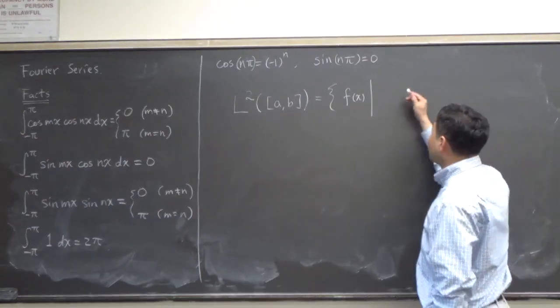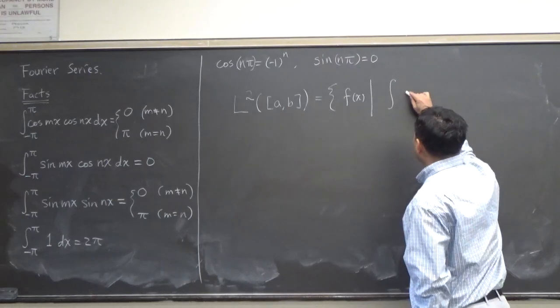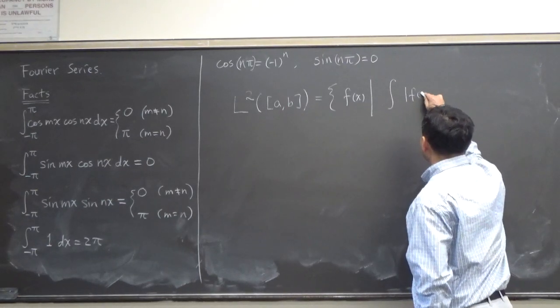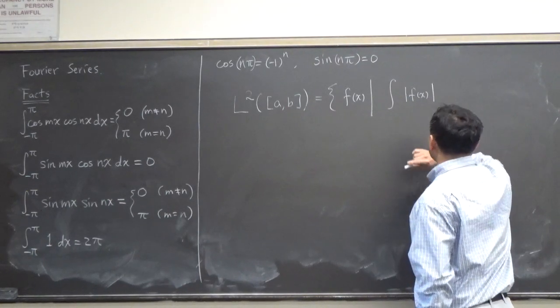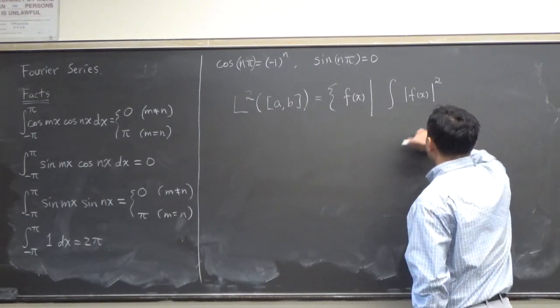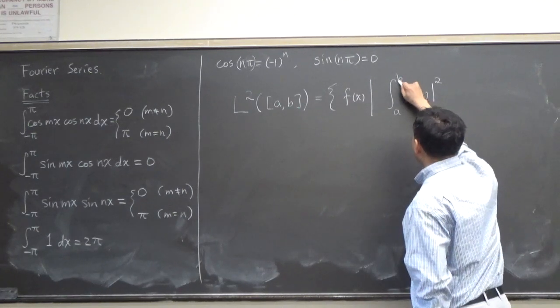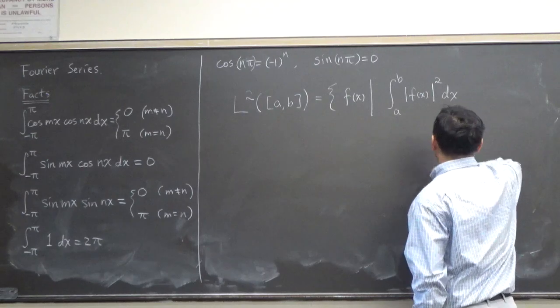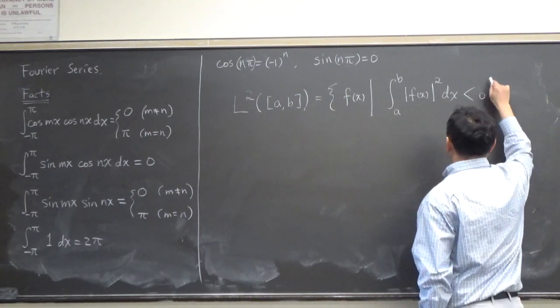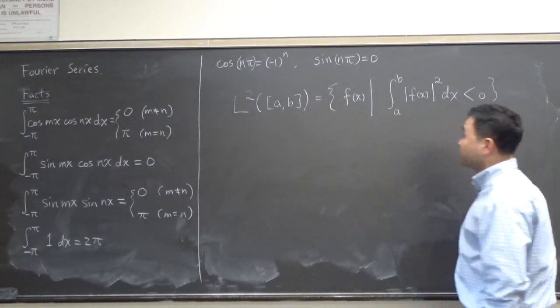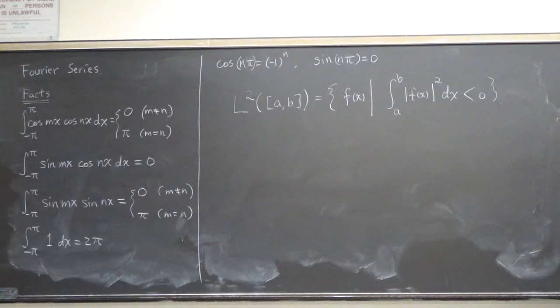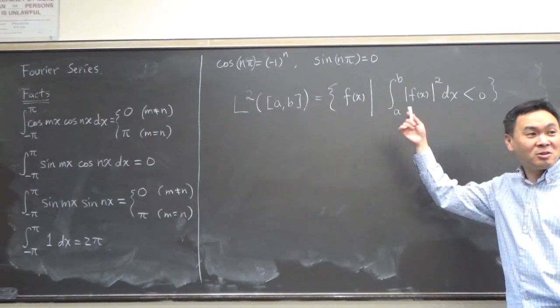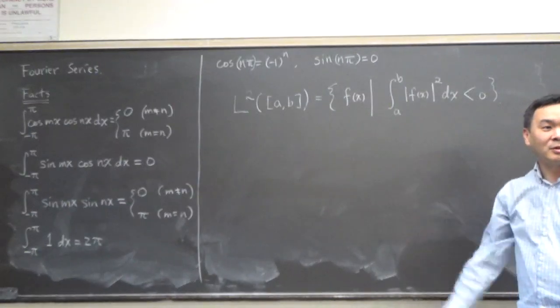It's a set of functions where if you take the absolute value of the function, square it, and integrate from a to b dx, this value has to be finite. Now, any continuous function will give a finite value, right?